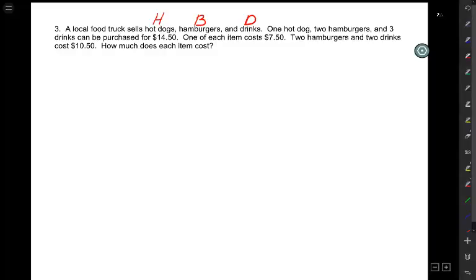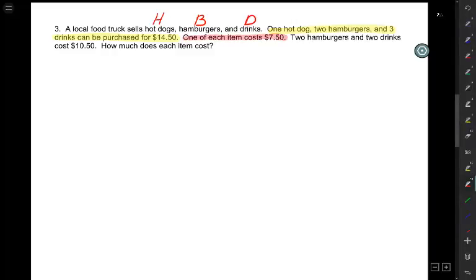I'm going to highlight your first situation. I don't know why my pen's not working here, sorry. So here's our first situation. You buy 1, 2, and 3 for $14.50. Your second situation says one of each item costs $7.50.